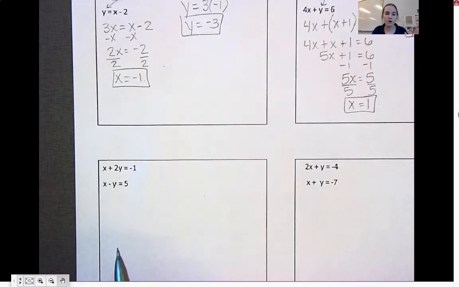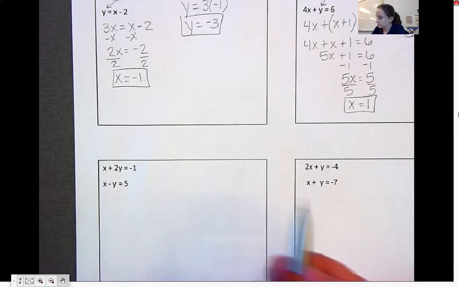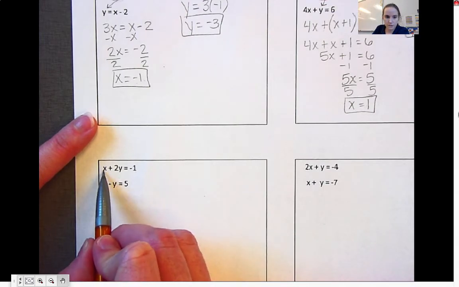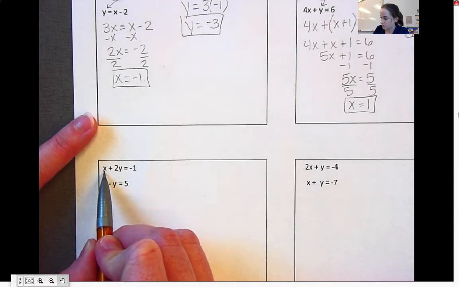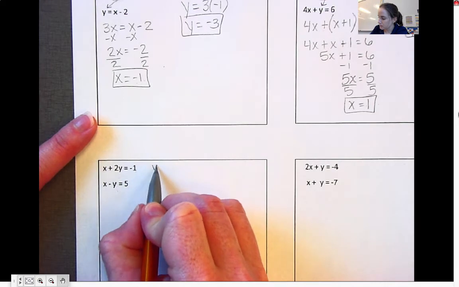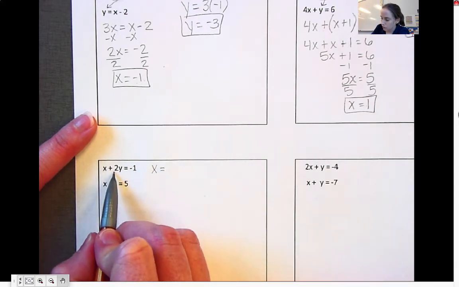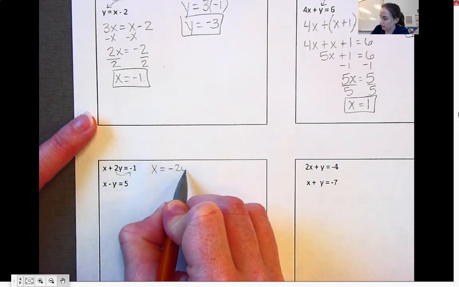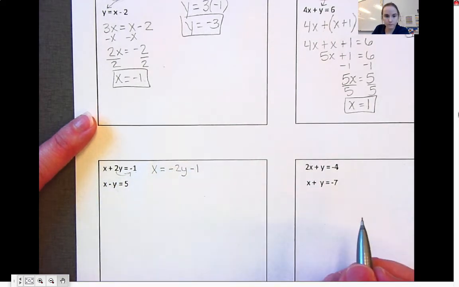It's not always avoidable. You will sometimes have to do problems like that. So what I'm going to do is choose to solve for x in the first equation. I'm going to set it up as x equals, moving the 2y to the other side, so it's negative 2y minus 1.